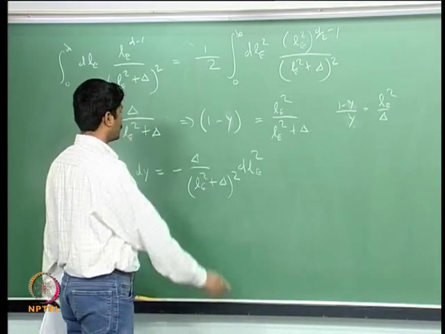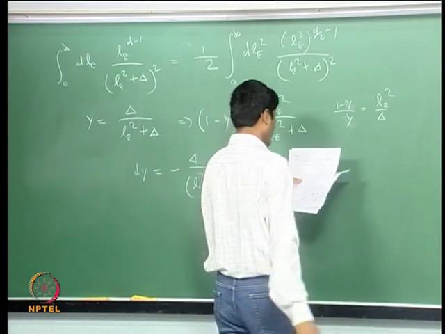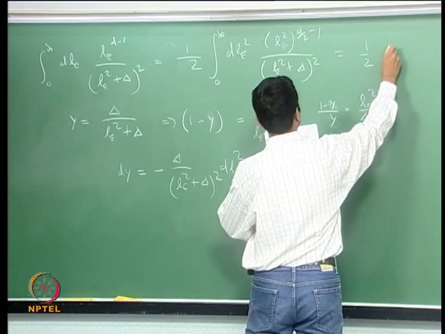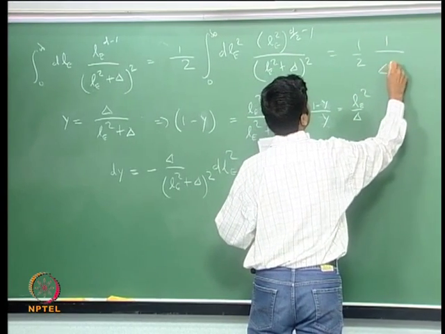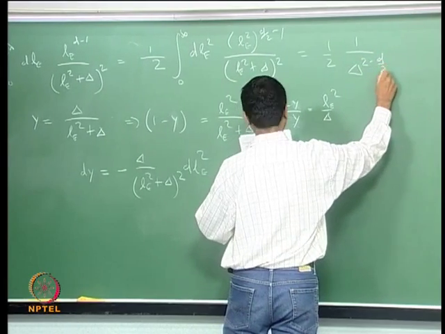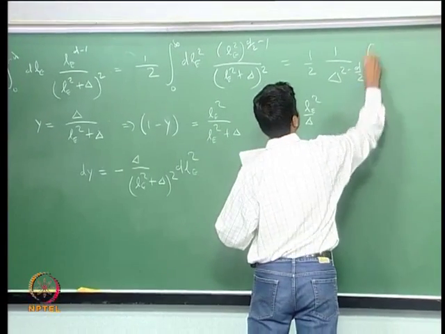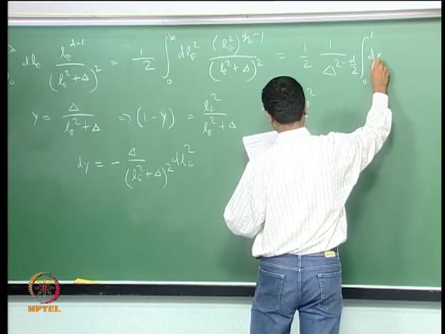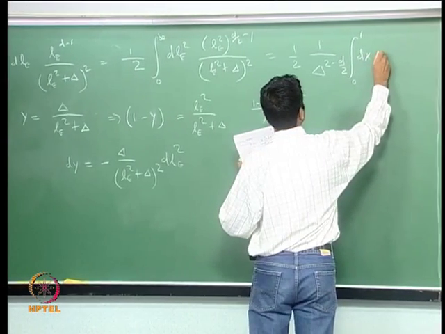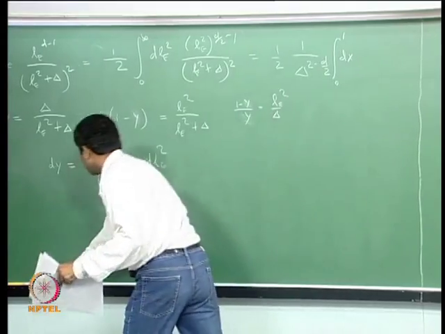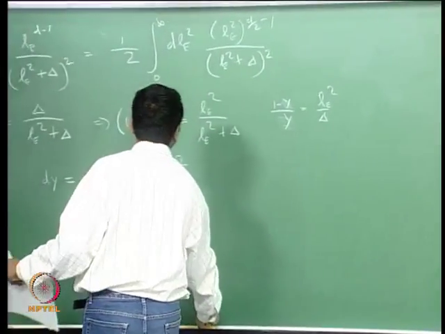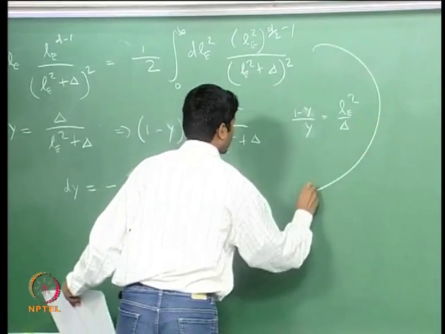So, when you pull out all the factors of delta, this is nothing but half times 1 over delta to the power 2 minus d by 2, integration 0 to 1 dx. Let us do this here.